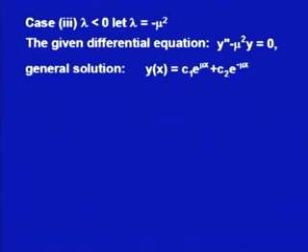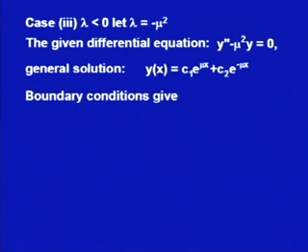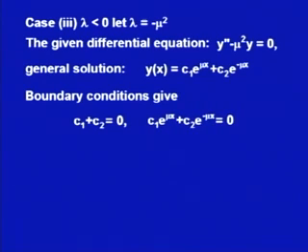Now, let us see what the boundary conditions give. At x equal to 0, we would get C1 plus C2 equal to 0. At x equal to pi, we would get C1 e to the power mu pi plus C2 e to the power minus mu pi equal to 0. The first condition, C1 plus C2 equal to 0, gives C1 equal to minus C2, or C2 equal to minus C1.